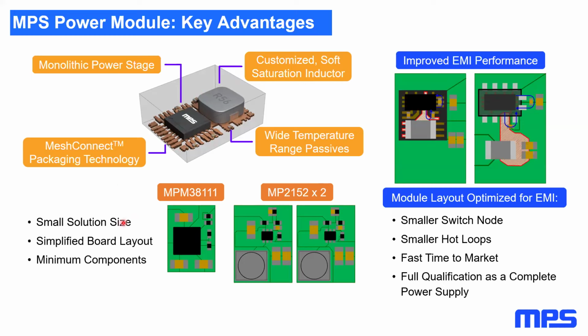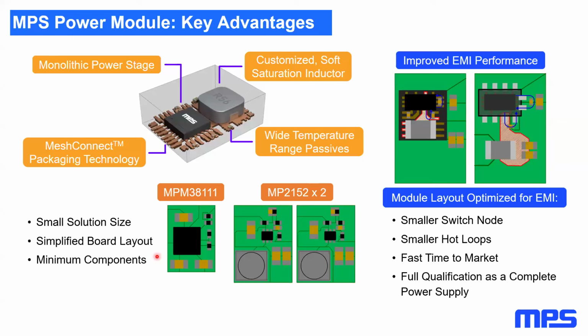This not only reduces the solution size significantly, as you can see in this comparison here, it also greatly simplifies board layout and reduces the amount of iterations on board design. For example, you don't want somebody mistakenly placing the wrong routing in the wrong place and placing a signal that's very sensitive to noise underneath the inductor, and then you need to redo the whole board.